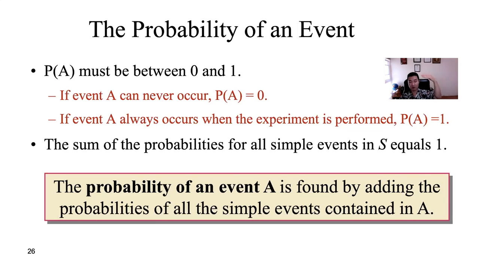For example, if we toss a die and A is defined as getting an odd number, then the probability of event A occurring will be the probability we get 1, plus the probability we get 3, plus the probability we get 5.